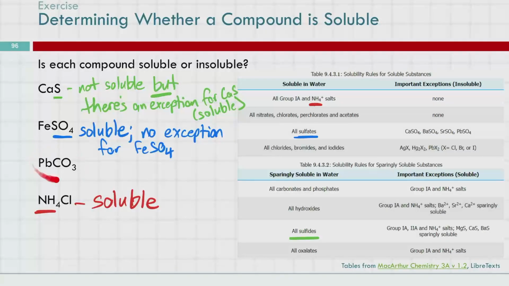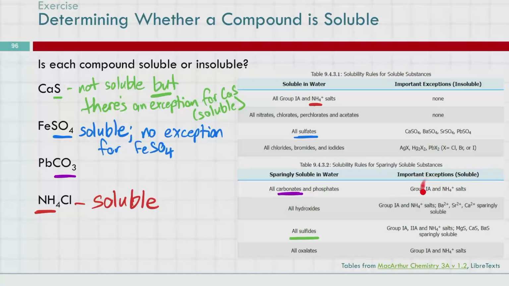And we also have PbCO3. CO3 is carbonate. We've got carbonates in the sparingly soluble part of our table. And do we have an exception for lead?